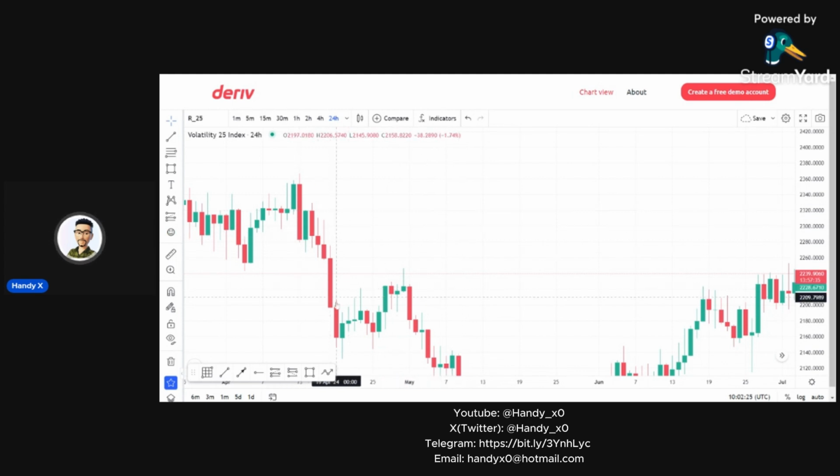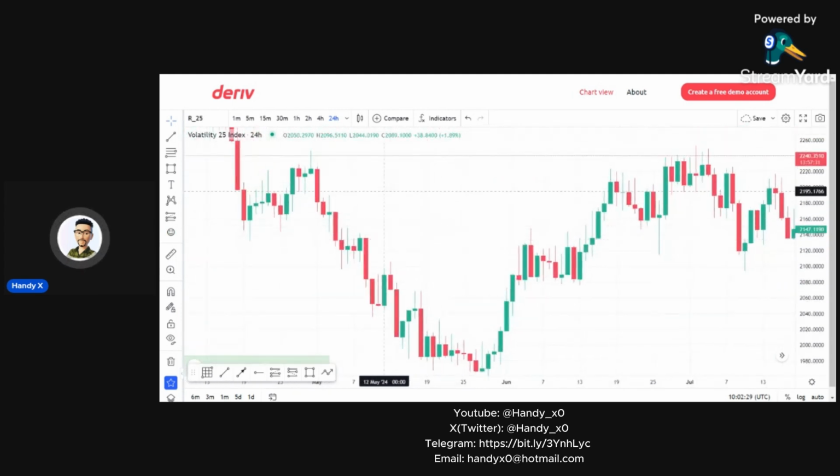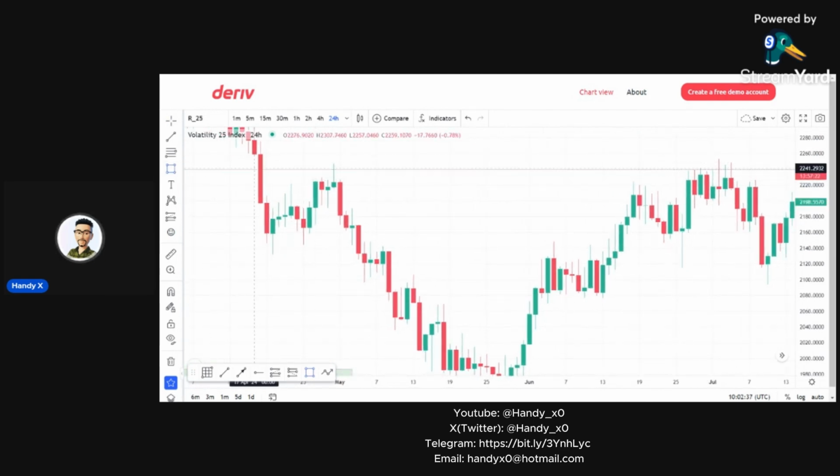So when this market was coming down to this point, it got to this point and then came down. Now, this is what we're talking about here. When you look at this last candle here, this last candle is the order block, right? This is our order block. It has created a fair value gap between this candle and the order block itself.